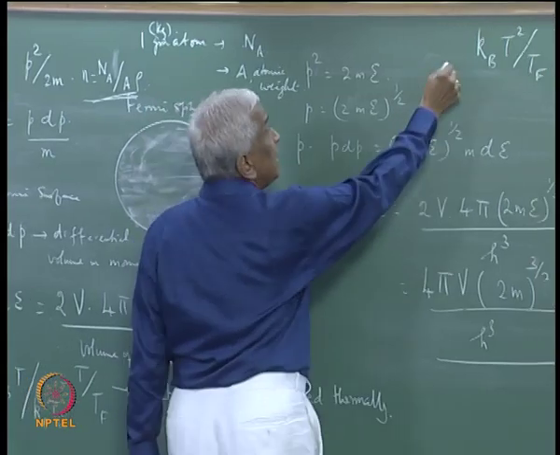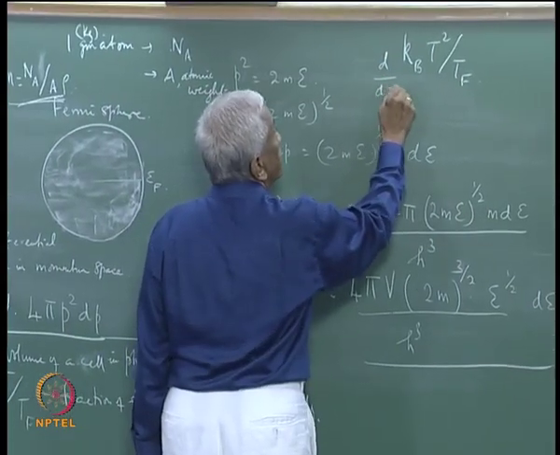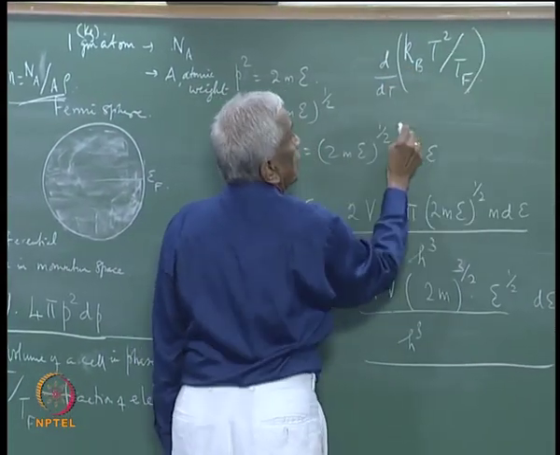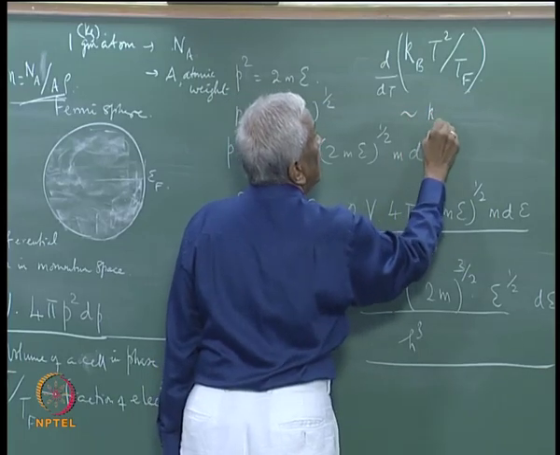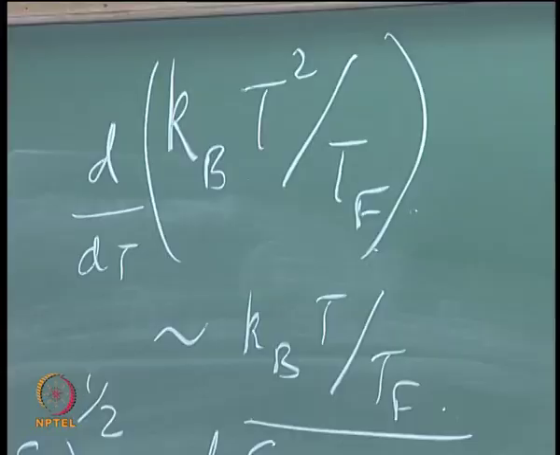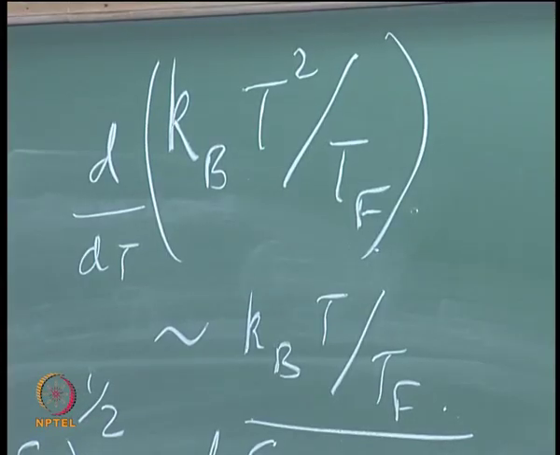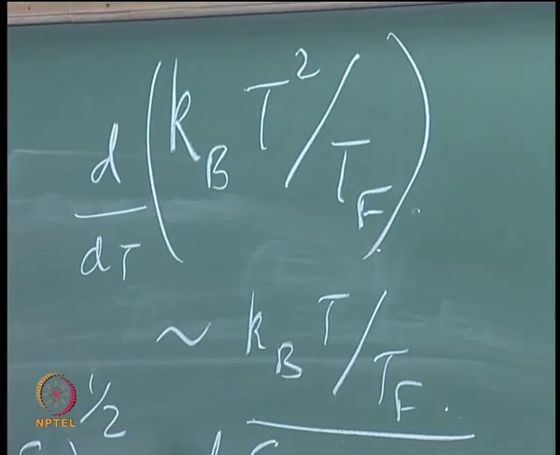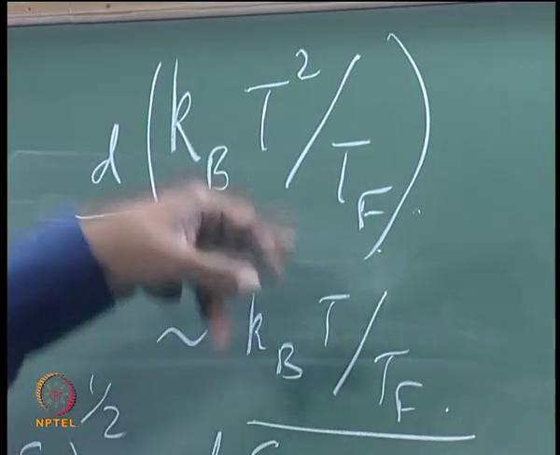So, d by dT of this gives you the specific heat. So, this is of the order of kBT by TF. So, this tells me that the electronic specific heat is of the order of kBT.